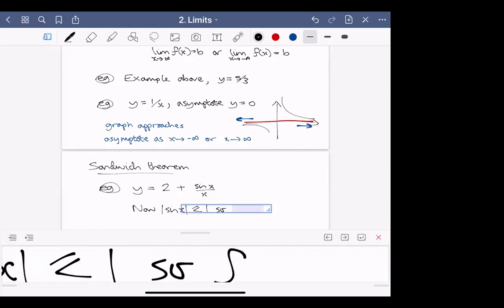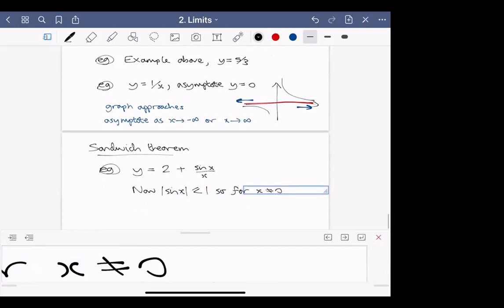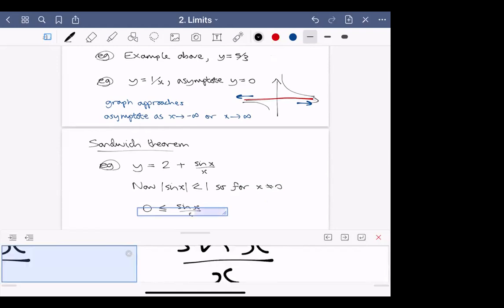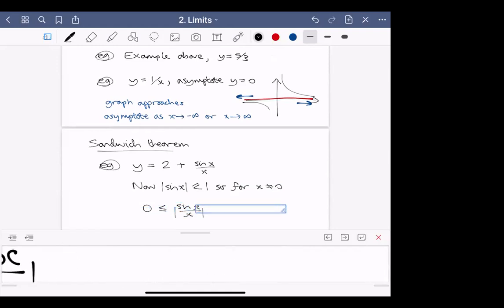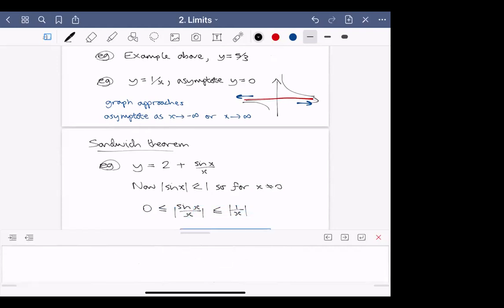So if x is not 0, then I can consider the absolute value of sine x over x, and this is going to be less than or equal to the absolute value of 1 over x.